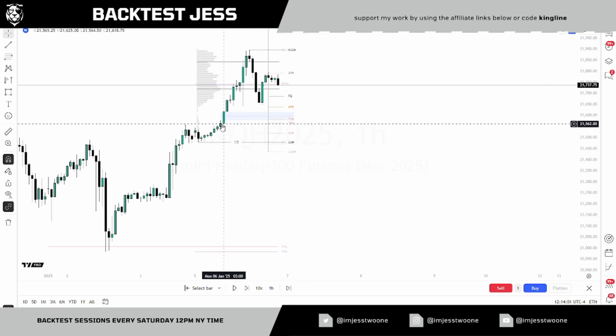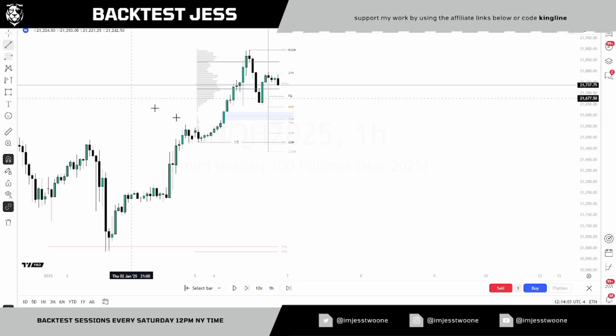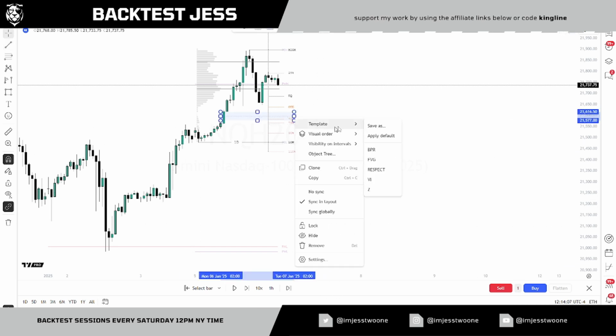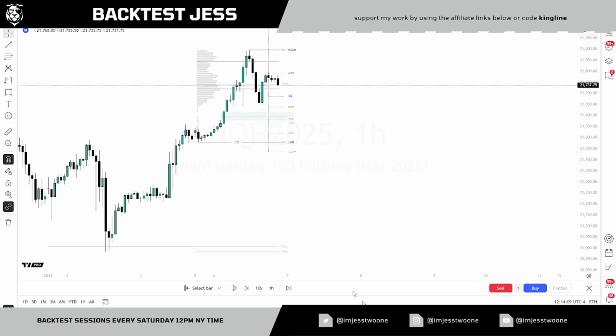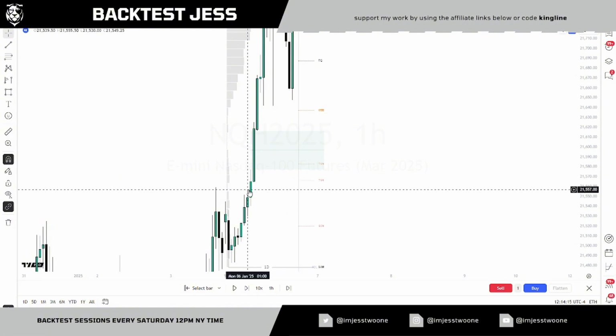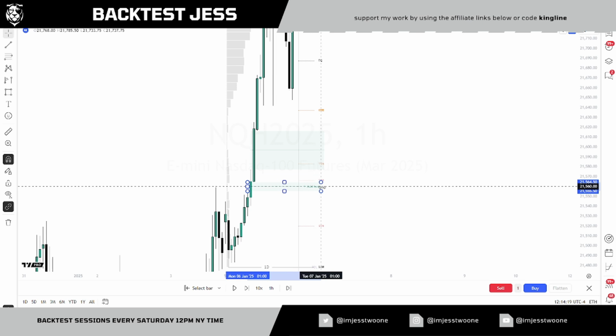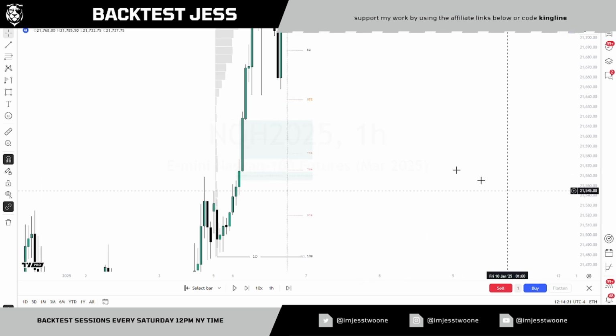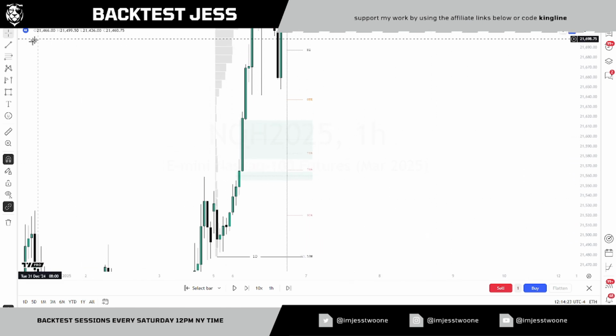There's also a tiny one here aligned with this old high. Let me change this to a fair value gap. I'll mark out this one as well, again just because it's nested with the old high. And then we have this order block here.